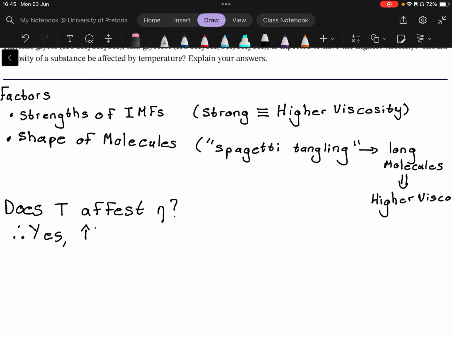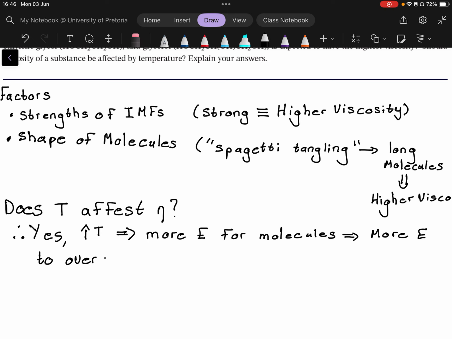if you increase T, you give more energy to the molecules, and then they have more energy to overcome any intermolecular forces keeping them from moving.